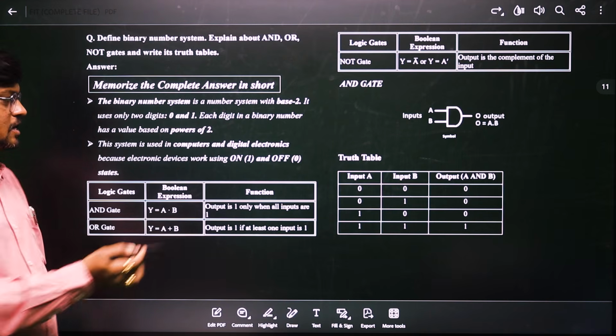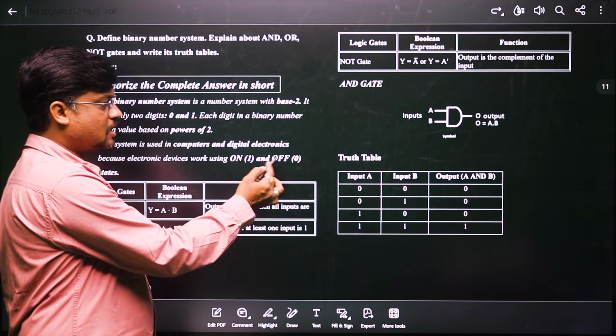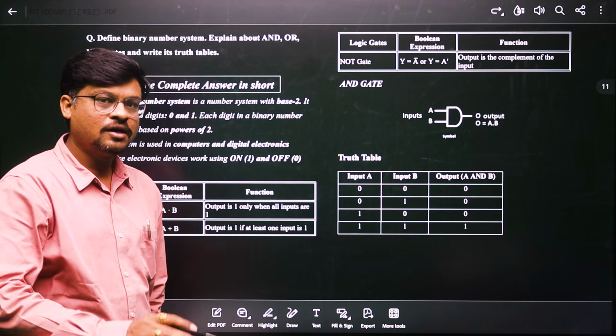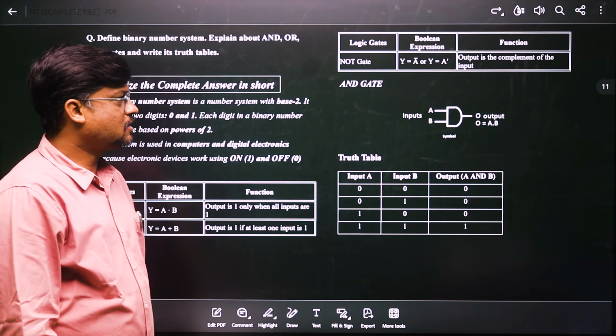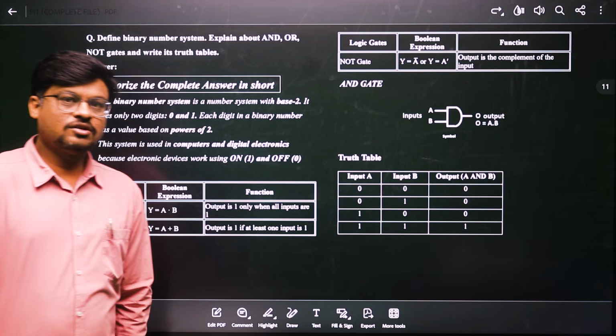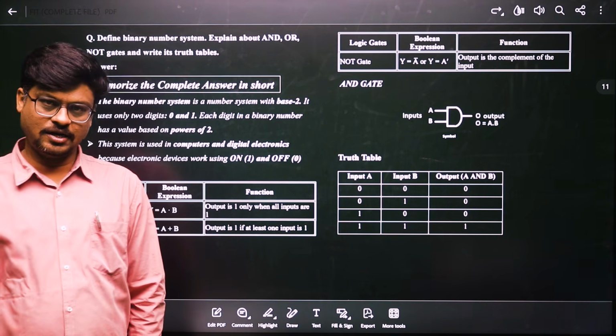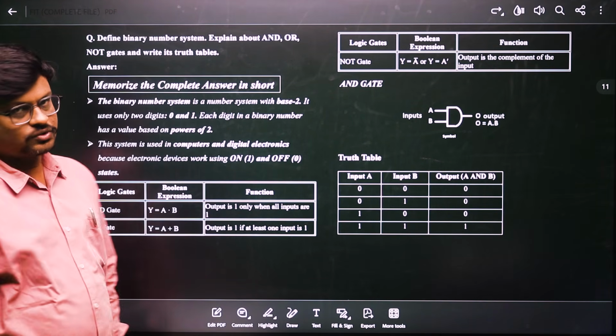Typically 1 is considered as on or true, and 0 is considered as off or false. So for that purpose we use this.